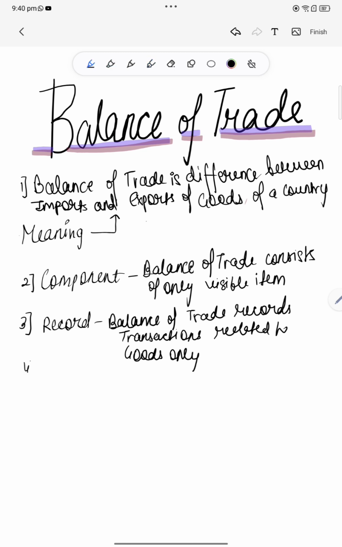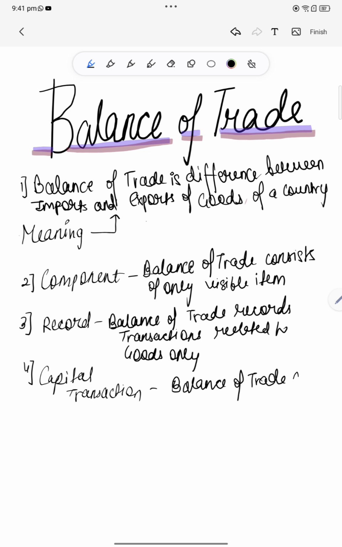Then we'll write about capital transaction. What about capital transaction? Balance of trade does not include capital transactions.